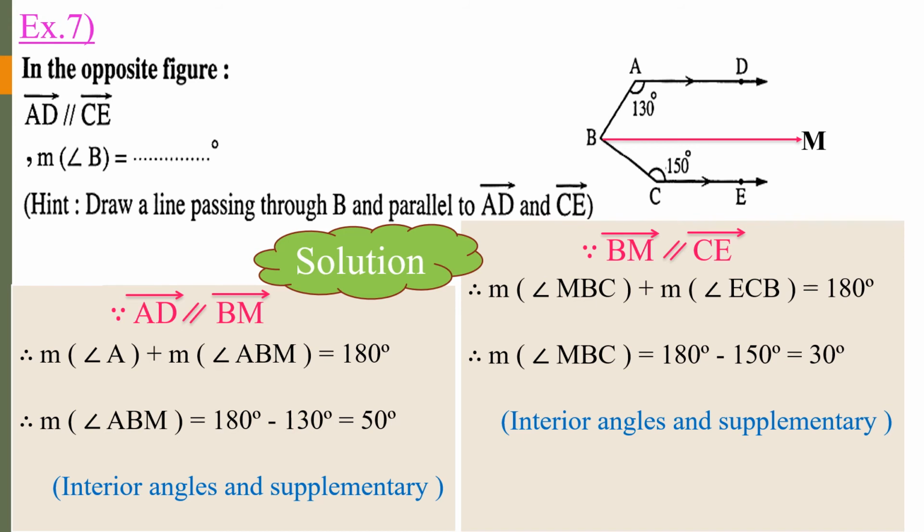But here I want the whole measure of angle B. So the measure of angle B equals the measure of angle CBM plus the measure of angle ABM. So the measure of angle B equals 50 degrees plus 30 degrees, which equals 80 degrees.